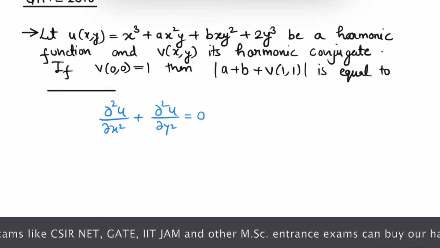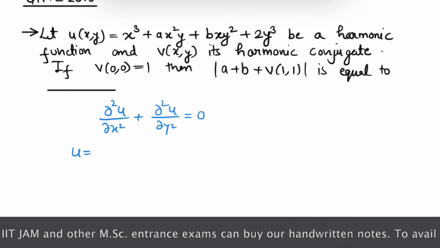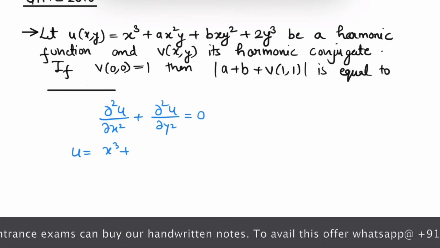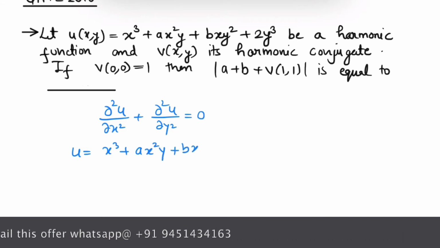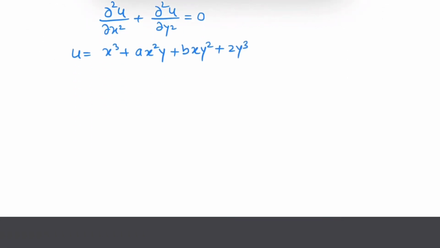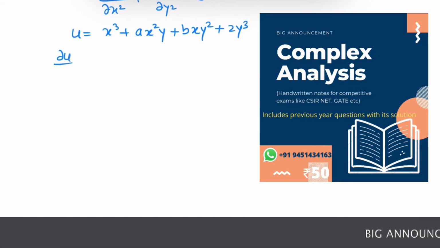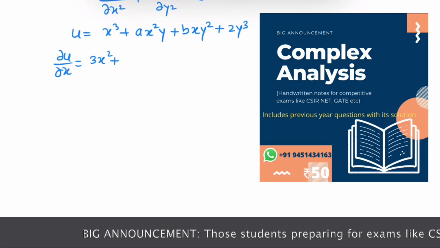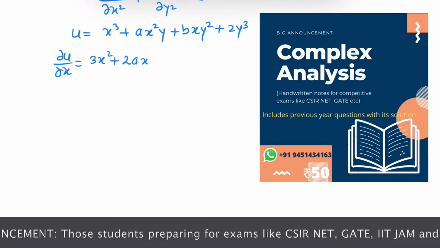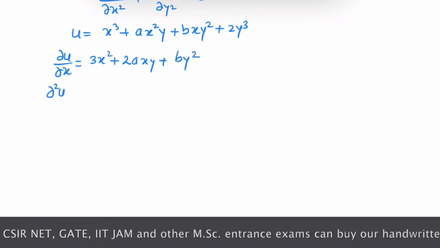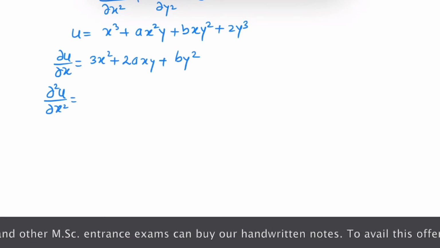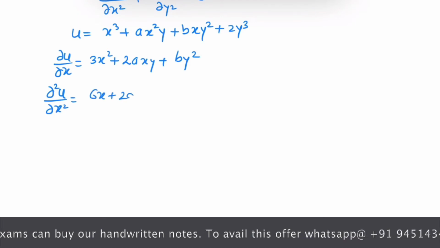Function u is x³ + a x² y + b x y² + 2y³. ∂u/∂x will be 3x² + 2axy + by², and ∂²u/∂x² will be 6x + 2ay.